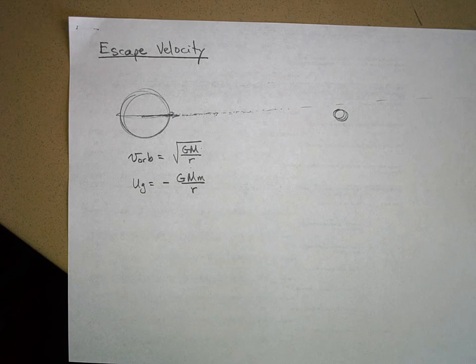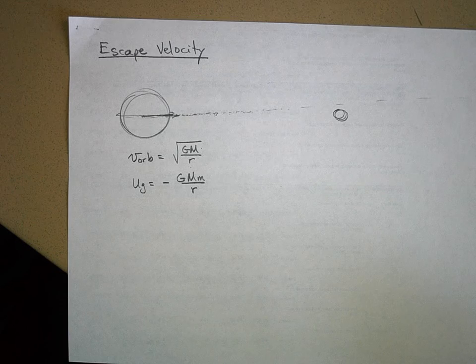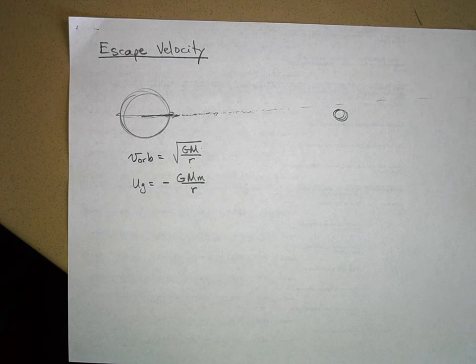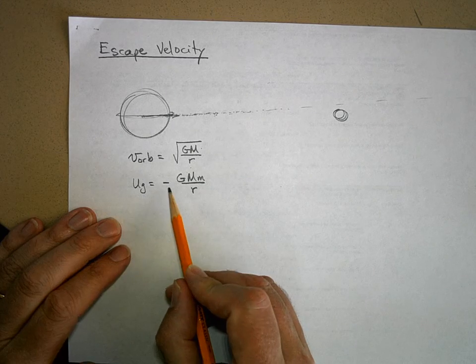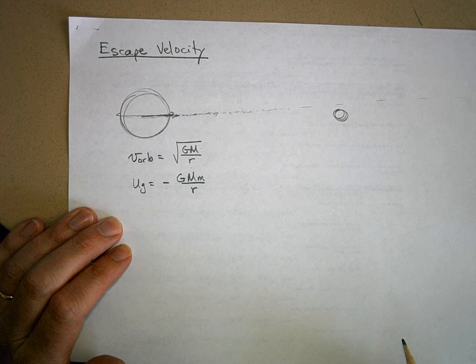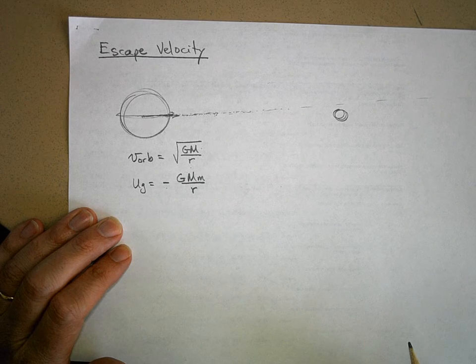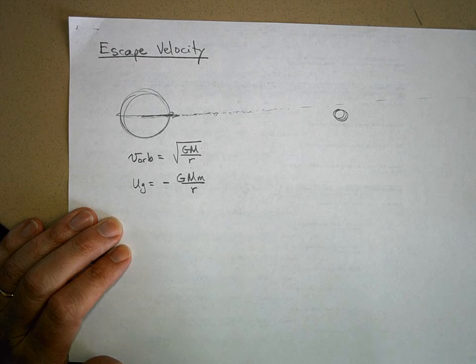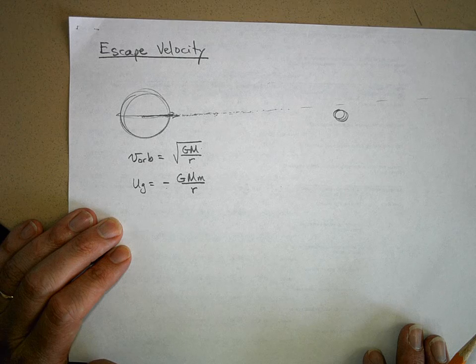Well, you're always below infinity, right? If you look up in the sky, nobody's infinitely far away. So you're always below infinity, and if you're beneath where gravitational potential energy is 0, then you're always going to have negative gravitational potential energy. Okay. Now, we're going to use this concept to derive an equation for escape velocity.